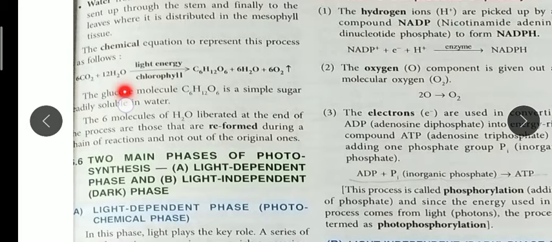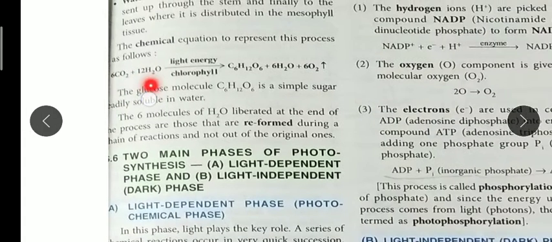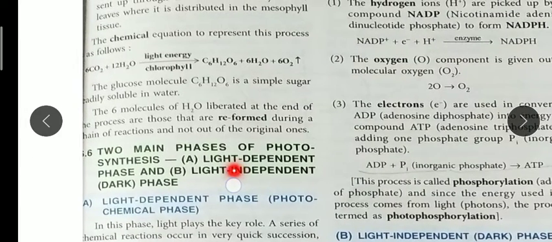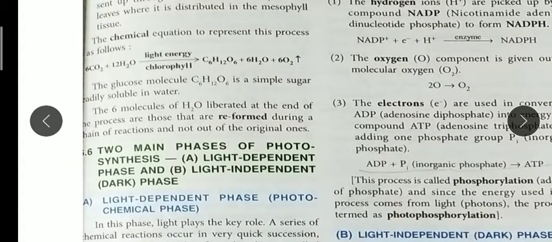So during this reaction, carbon dioxide is reduced into glucose molecule and water gets oxidized into oxygen. In the lower classes you will not get to know about this mechanism, that photosynthesis occurs in these stages or phases.